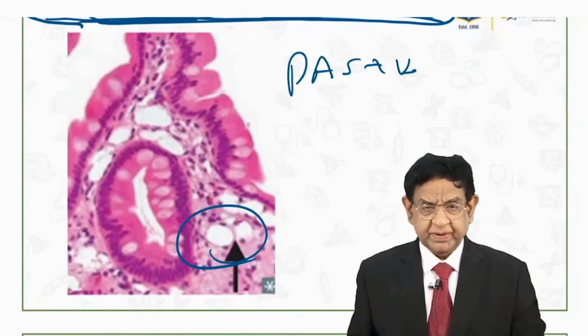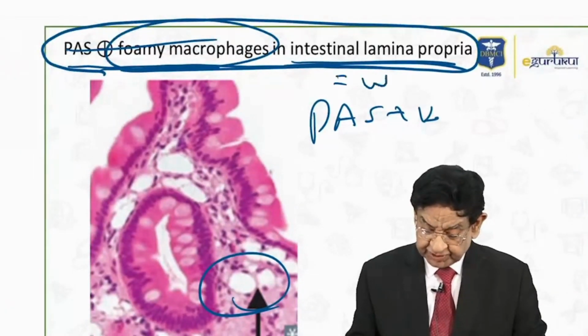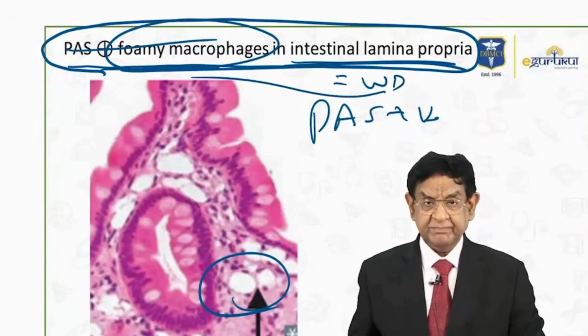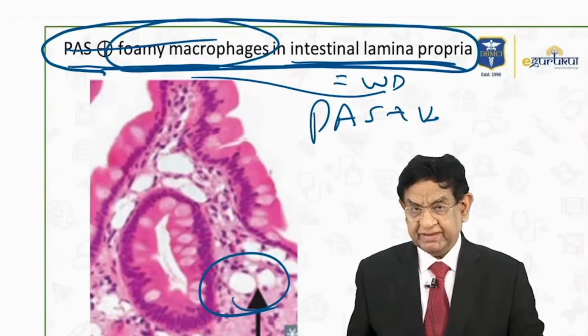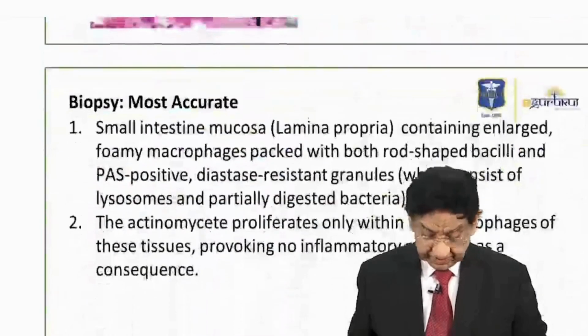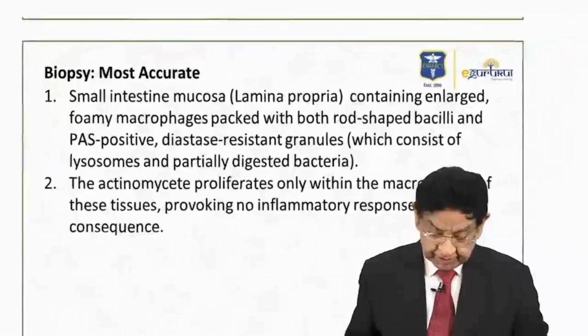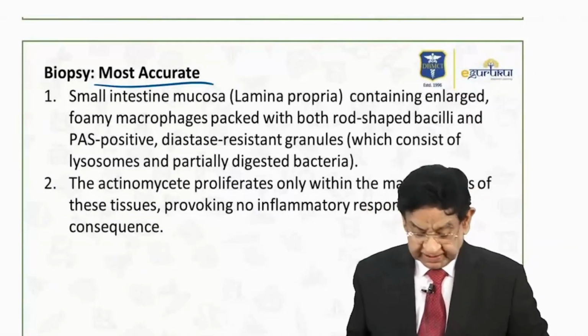This is Whipple disease. So entire Whipple disease is squeezed into one line: PAS positive foamy macrophages in lamina propria.